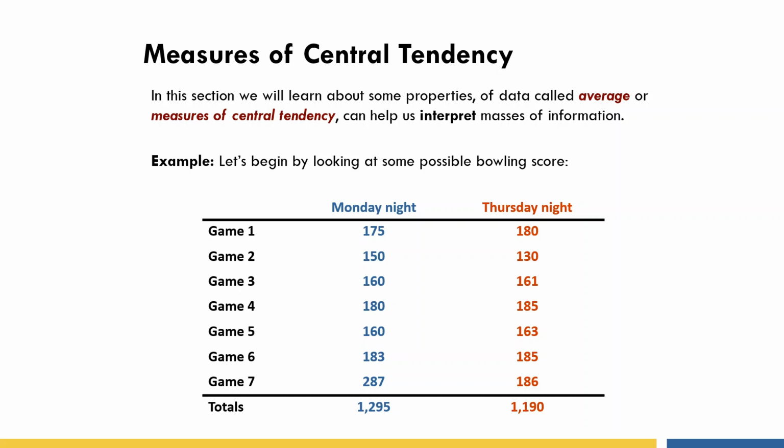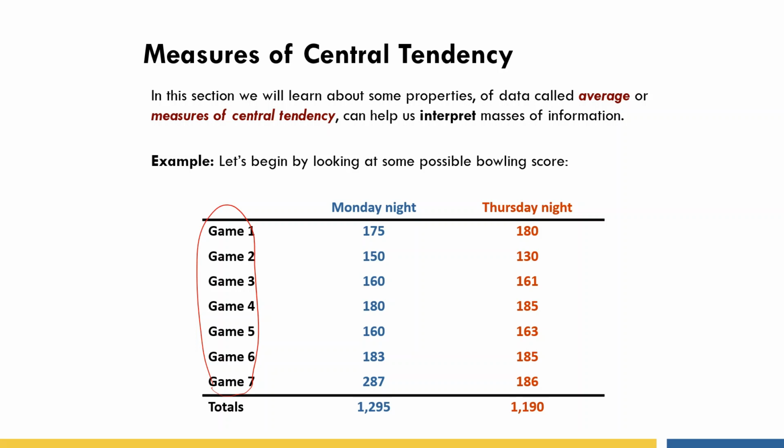These persons play 7 games of bowling on Monday night and Thursday night. The Monday night is going to be in blue and the Thursday night is going to be in black. Game 1 Monday night is 175. Game 1 Thursday night is 180.